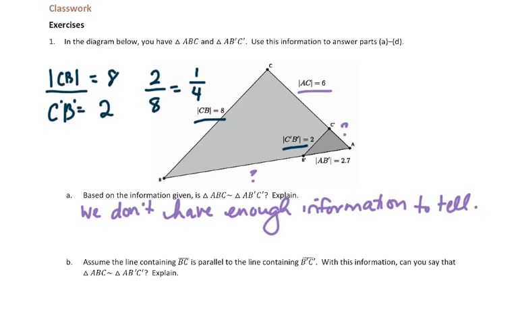If they're saying that BC and B prime, C prime are parallel, that means that they would all have angle A, and that would make them parallel because angle A and angle A after it was enlarged would equal the same thing. So they are similar because we would have the sides that have a ratio of 1/4, and then they share angle A right here, and that would have the same measure in both of them. So therefore it would be similar, and we could write that right down here.